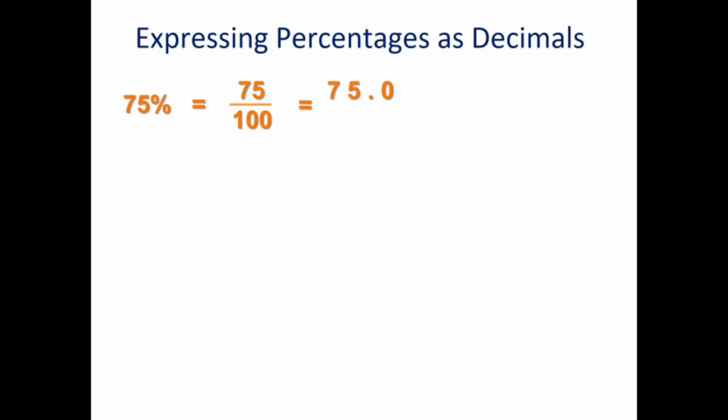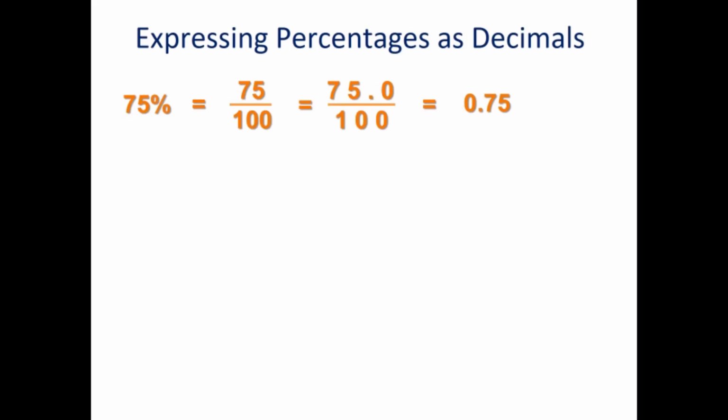Remember that I told you that 5 and 5.0 mean the same thing, 6 and 6.0 mean the same thing. That means 75 and 75.0 mean the same thing. So you know already that 75% means 75 over 100. So that first step is not a problem. Now your 75 can be written as 75.0, and that's not a problem. But the problem now is, how do we turn that 75.0 over 100 to 0.75?